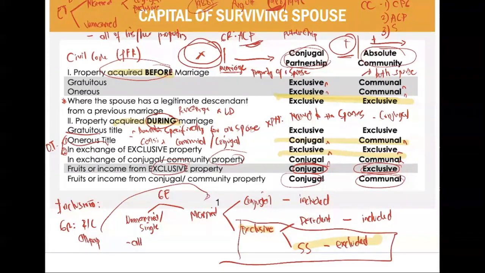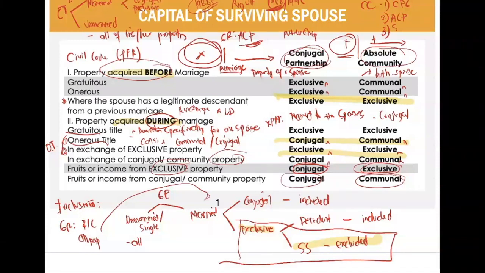Clear? Capital of surviving spouse, the exclusive property of the surviving spouse only. Baka kasi, tanggalin nyo rin yung exclusive property ni decedent. Hindi. Kasi ang exclusion lang na sinasabi ng law natin ay yung capital of the surviving spouse. Tandaan, yan yung exclusive ni surviving spouse.